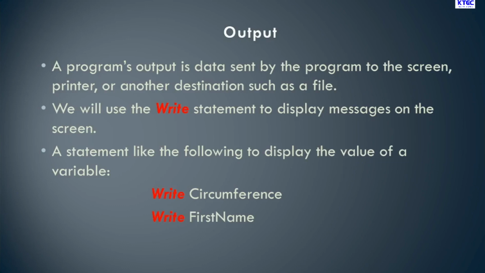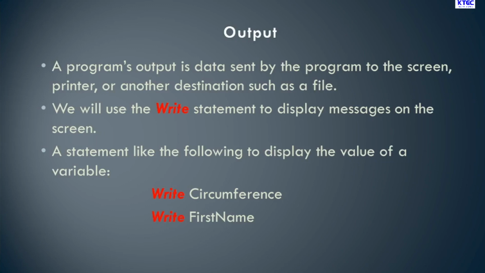So that brings us to output. After processing, the result must be displayed on the screen for the user to see, or printed out, or stored in a particular file and used at another location. That is the output stage. The program's output is data sent by the program to the screen, printer, or another destination file.